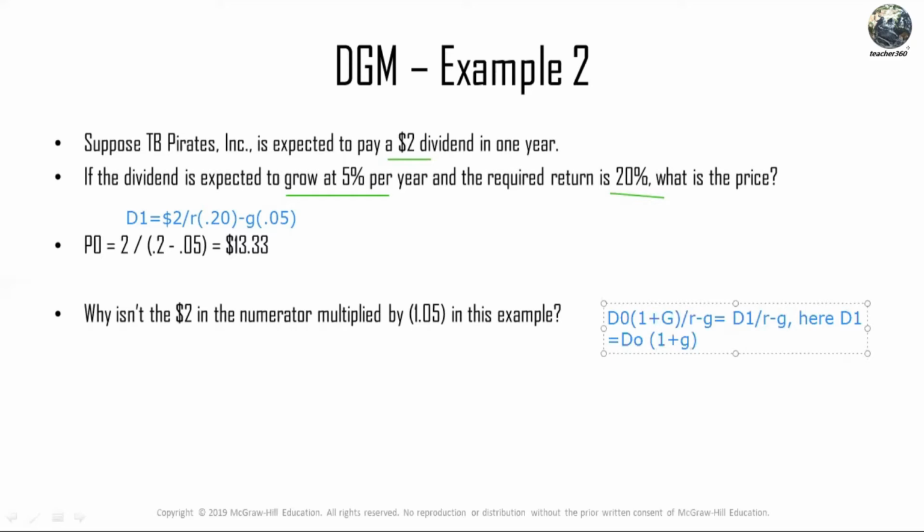If you know the current year dividend as well as the expected growth level, suppose your current year dividend is $2, and it is expected to grow at 5%. So in year 2, how much will it be?